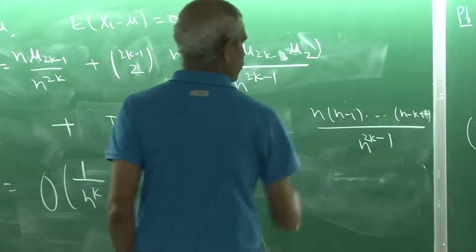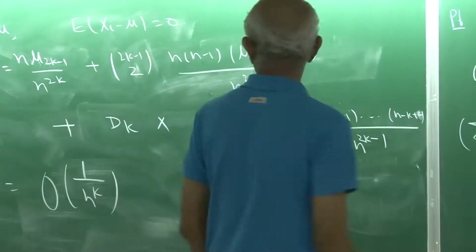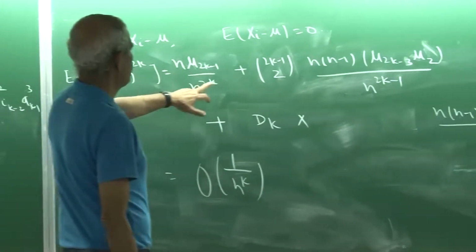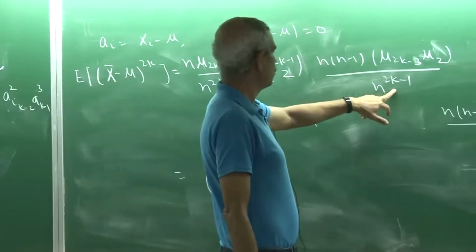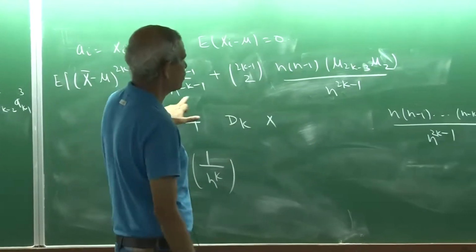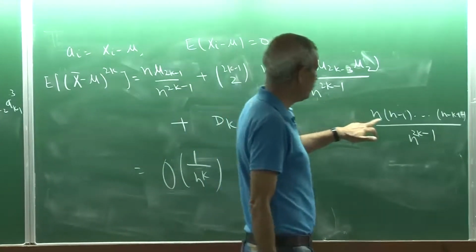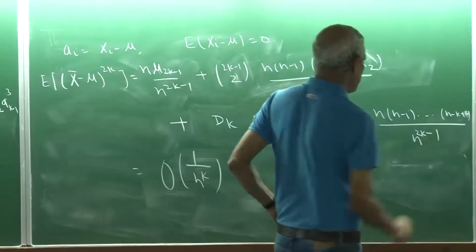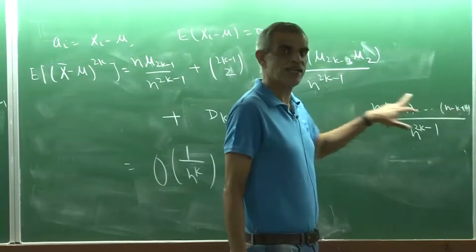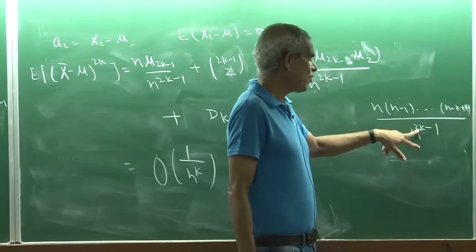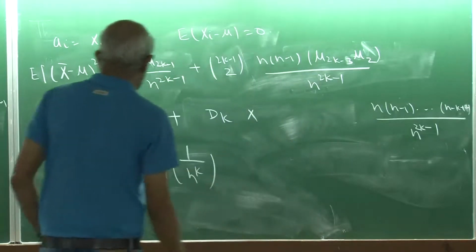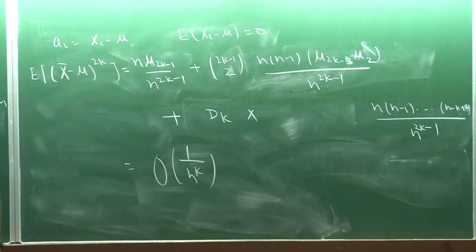Everywhere it would be n to the power 2k minus 1. So it is 1 upon n to the power 2k minus 1, 1 upon n to the power 2k minus 2, 1 upon n to the power 2k minus 3. How many terms are coming over here? n minus 1, n minus k plus 2, so that means n to the power k minus 1. And here 2k minus 1, so that becomes n to the power k. So it is again little o of 1 by n to the power k.